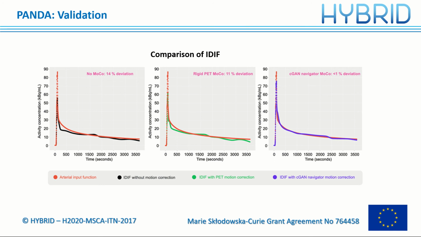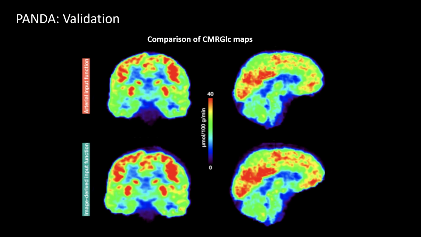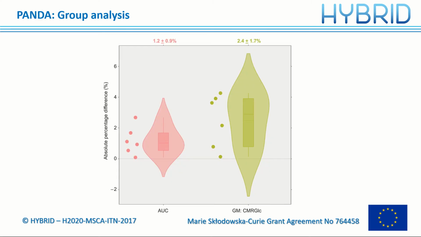We achieved less than 1% deviation from the ground truth with our technique, and after deriving the image derived input function, we also derived the glucose maps and compared them with the ground truth. The group analysis showed that the absolute percentage difference was less than 5% for the glucose metabolic rate maps.